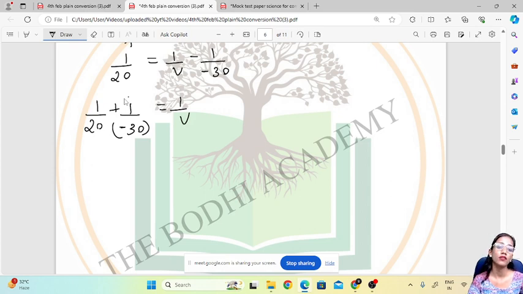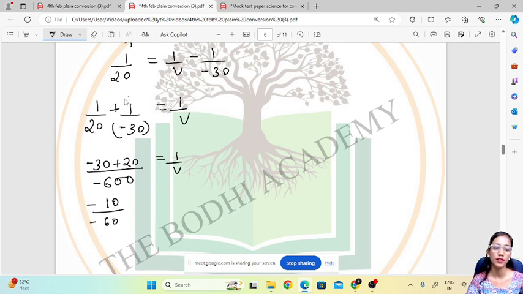Okay, we have to solve this now. Minus 30 plus 20, with 20 into 30 being 600. So 1 upon v is 10 upon minus 600.